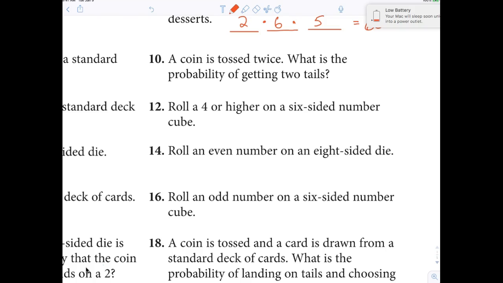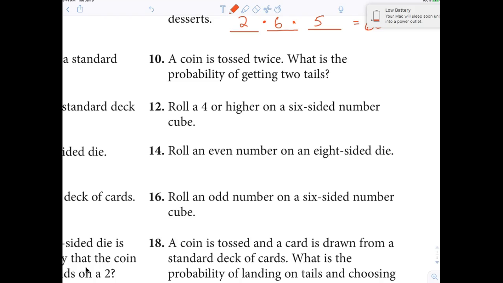Say it again. 2 out of 4 is not a bad guess. What are you thinking, Thomas? Aiden? 2 out of 4. Good. 1 out of 4.